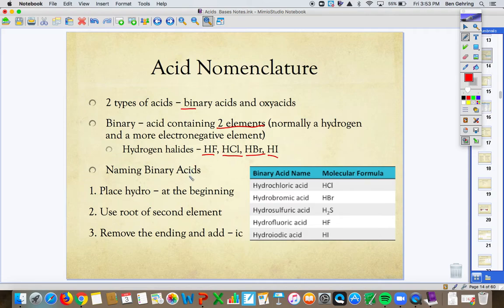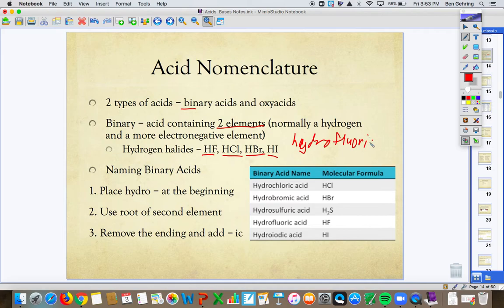When you name them, so steps to name. So for example, HF. Step 1, place hydro at the very beginning. So you start with hydro. Then use the root word of the second element. So hydro, and this is fluorine, so fluor is your root. Instead of ine, we're going to change it to ic.